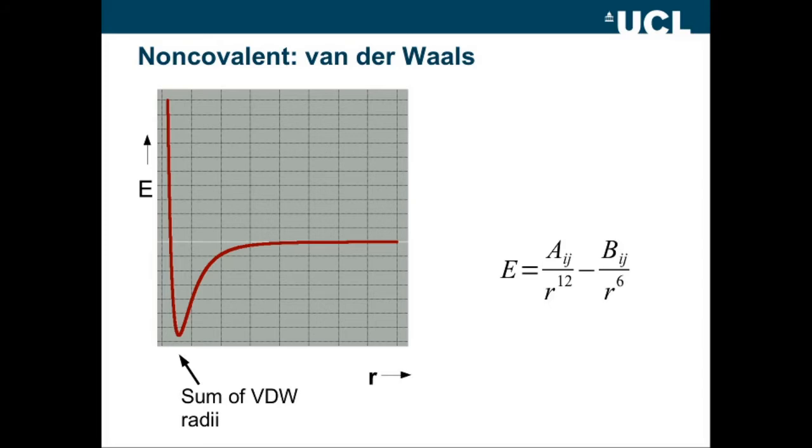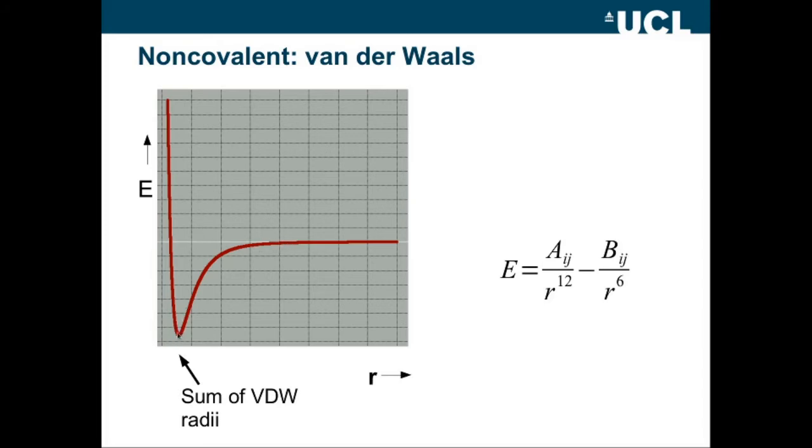Now this graph shows a typical energy profile as a result of that. On the far left, here we're getting the atoms pushing into each other with a very steeply climbing repulsive energy, positive energy. And here towards the right, as the atoms are separated, we get the attraction falling off between the two atoms.